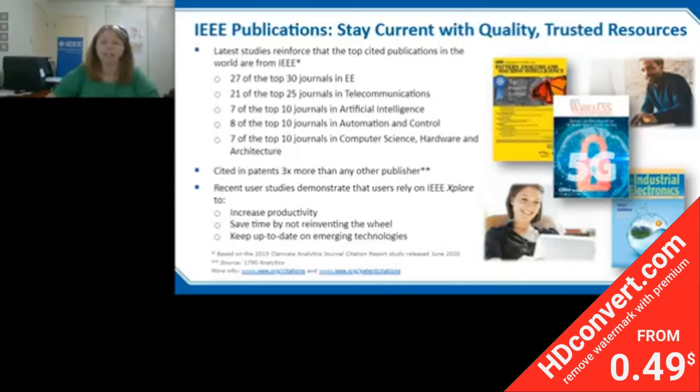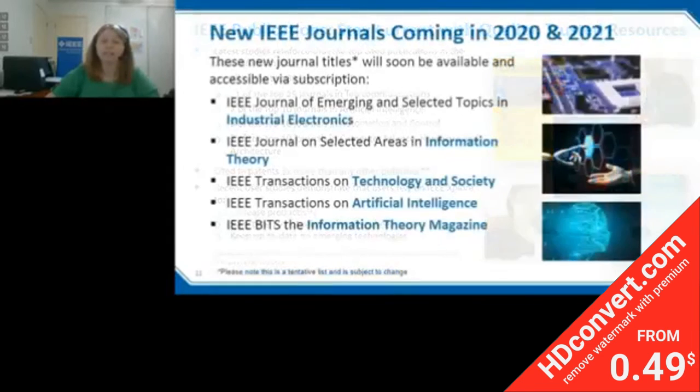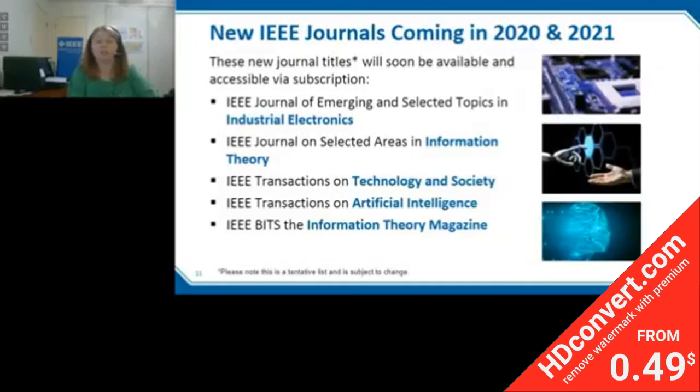And because the technology landscape is evolving, we're always introducing new publications. So here you can see 5 new journals on topics such as industrial electronics, information theory, and artificial intelligence.